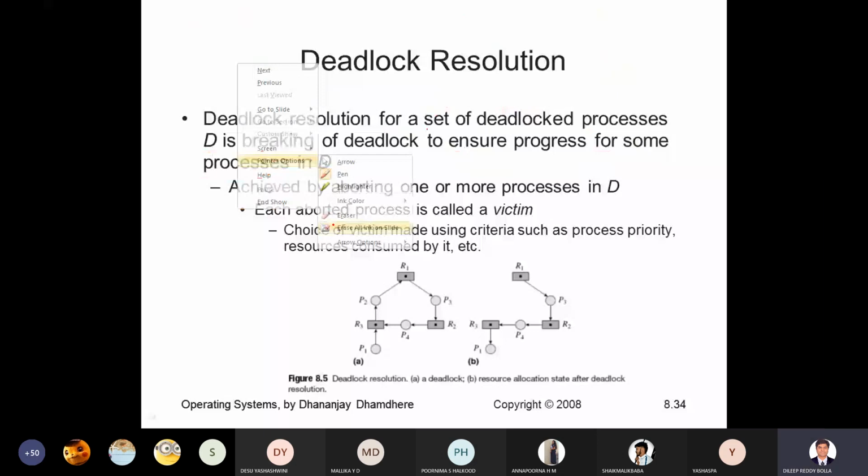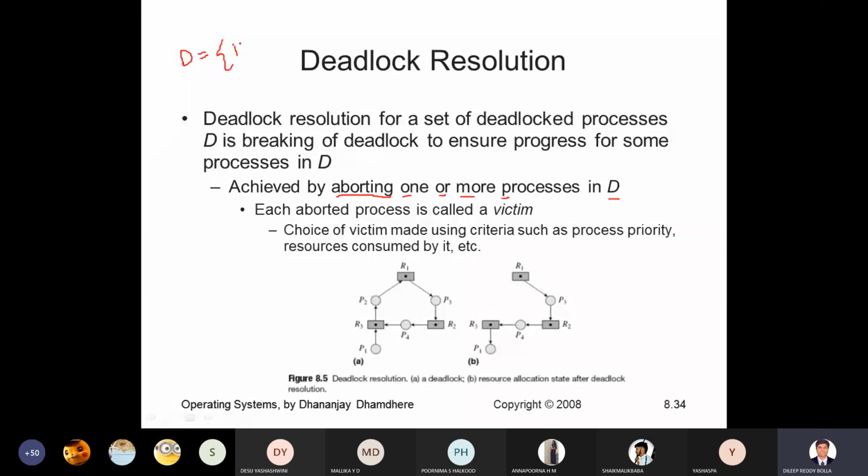We can abort one or more processes in D. So what is D? D is the set of processes, let us say P1, P2, and P3, in which we have detected the deadlock.